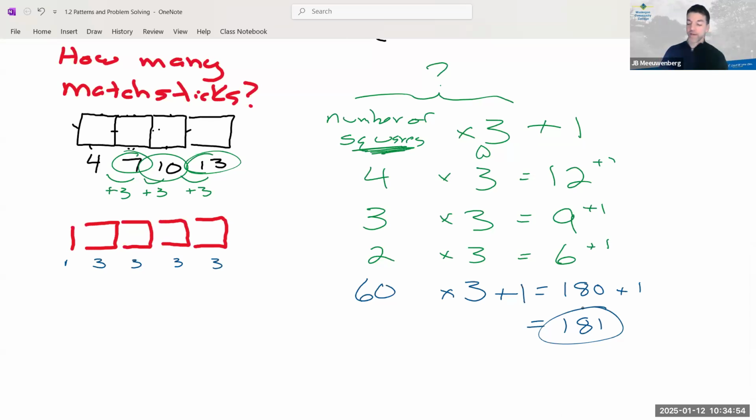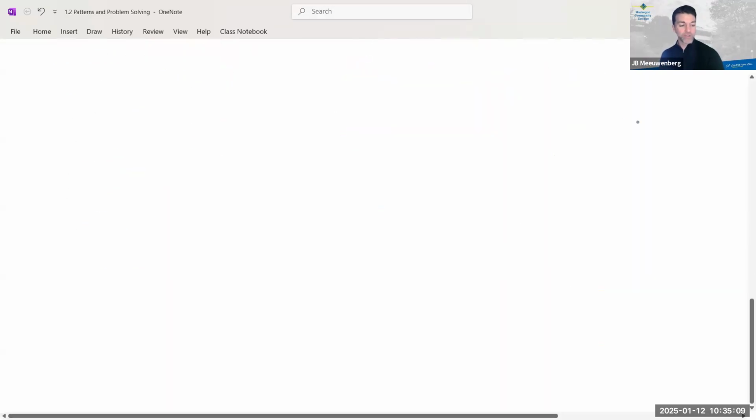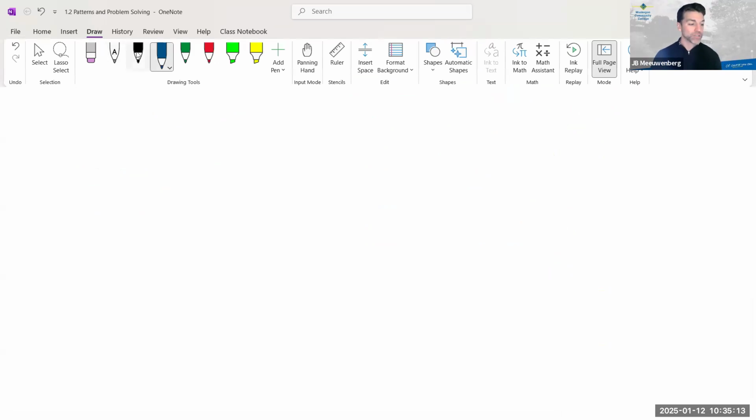And so this pattern-based problem-solving approach kind of connects with the stuff we talked about in section 1.1, that problem-solving section. So what we're going to transition to now is to specifically looking at patterns, different types of patterns.